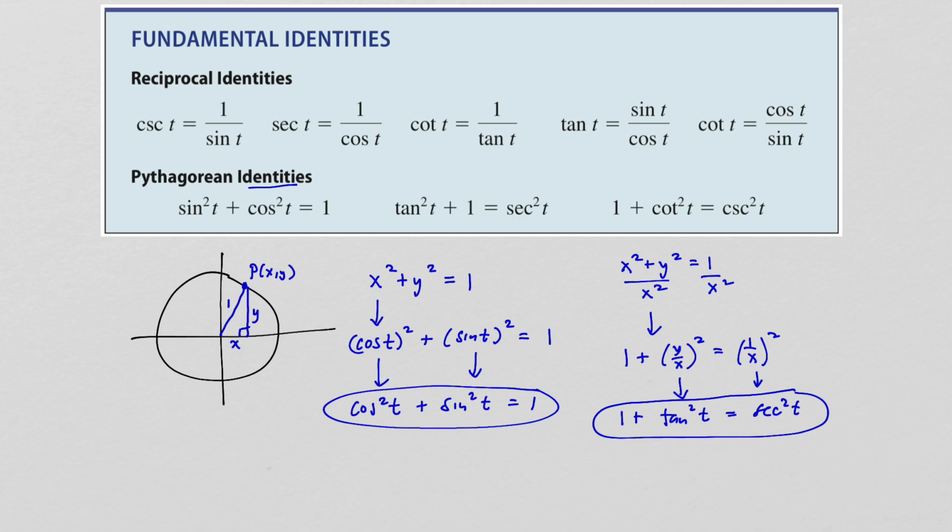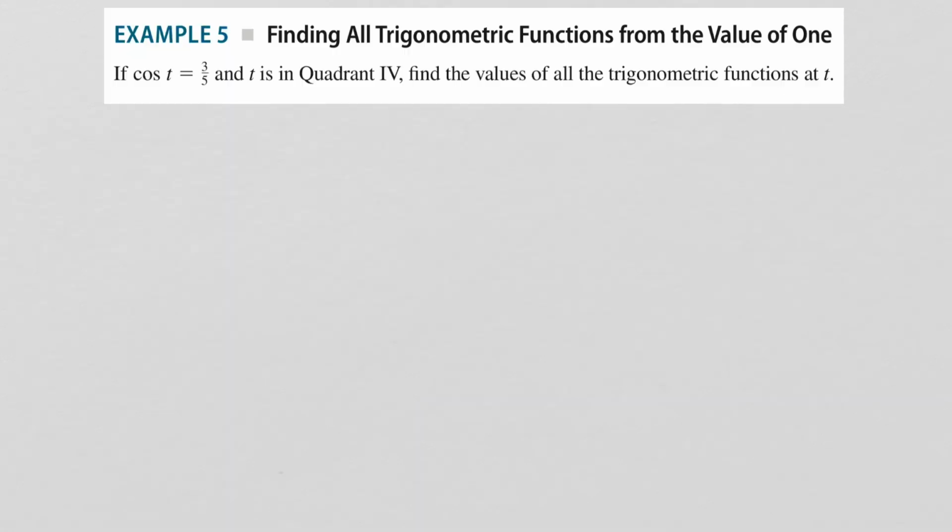So these Pythagorean identities and reciprocal identities are considered to be fundamental identities, and you should definitely have all of these memorized. As an example, we can find all trigonometric functions from the value of one trigonometric function by using those identities. In this case, we know that cosine of t is 3/5, and we know that t is in quadrant 4.